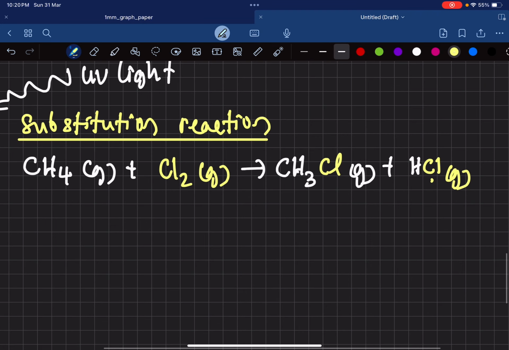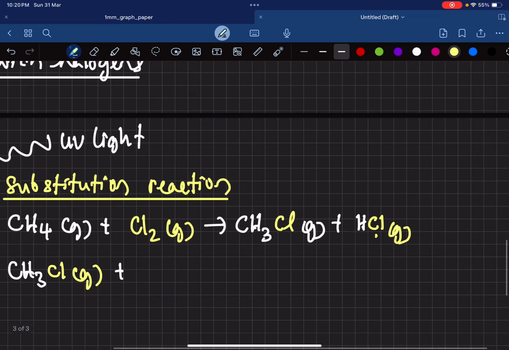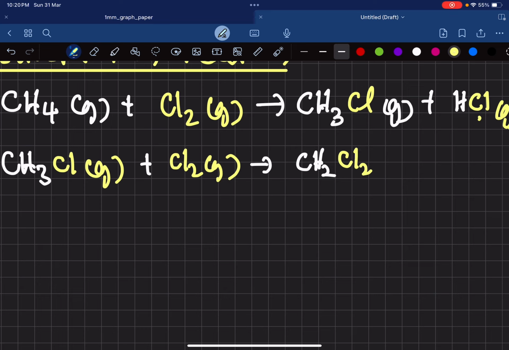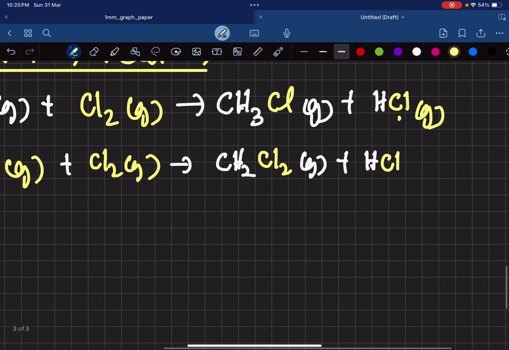Then what happens is this CH3Cl will then react with more chlorine, and it will end up producing CH2Cl2 gas, and then another HCl is produced.